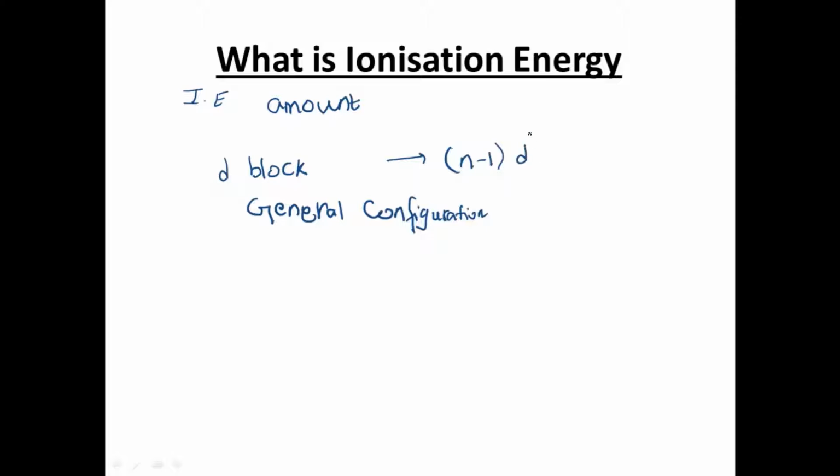The electrons enter from 1 to 10 in (n-1)d and then ns 0 to 2. Please remember, this (n-1) shell is called the penultimate shell. This is one of the basics. Do remember this electronic configuration, because in the form of MCQs, they do ask the general configuration of D block elements or any block element.